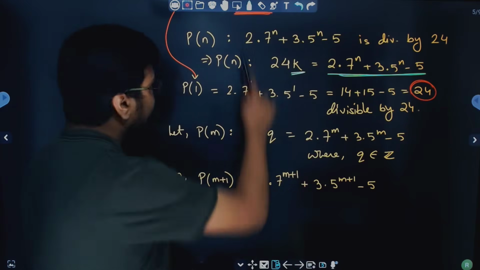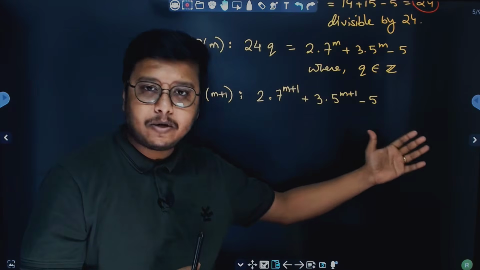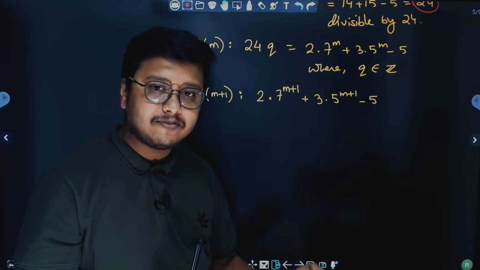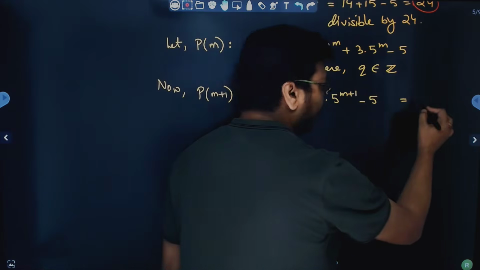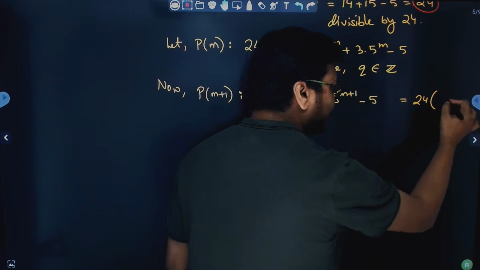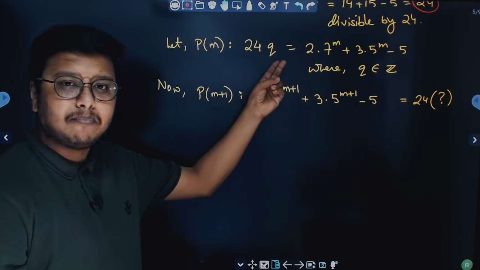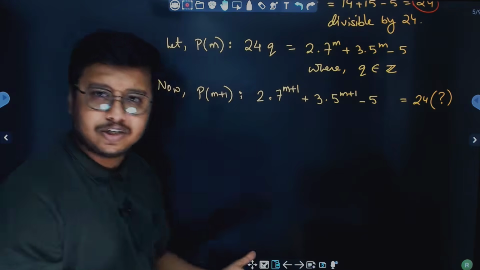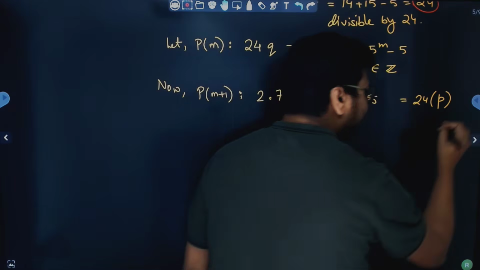So if something is divisible by 24, that means this must be equal to 24 times some integer, not the exact same q integer again. It can change, or it should change actually. So let's call it p this time.